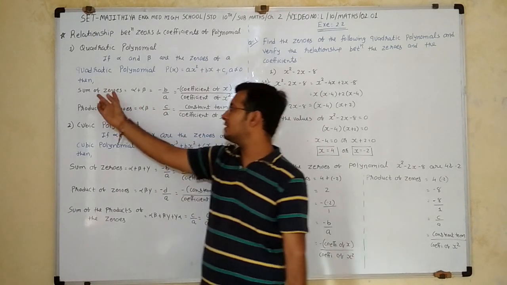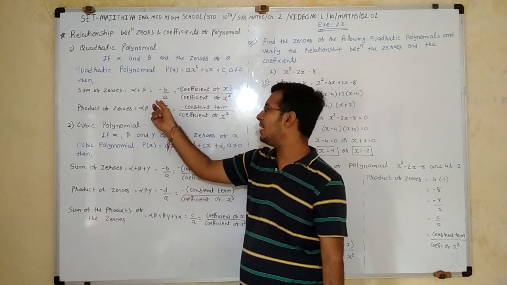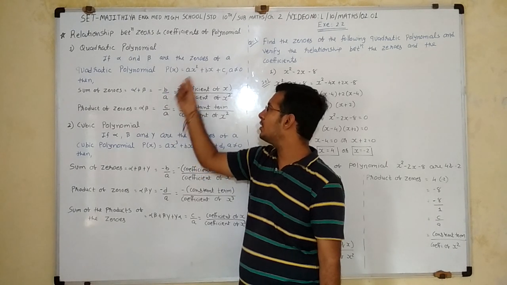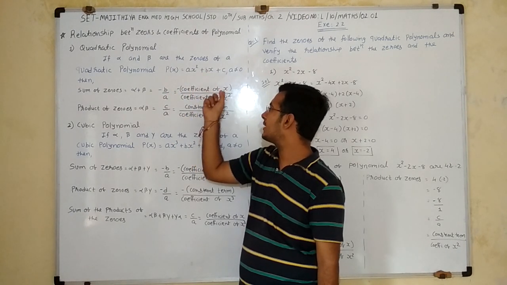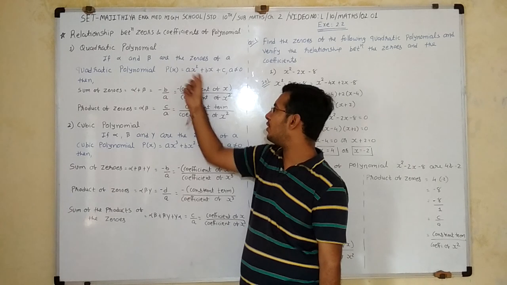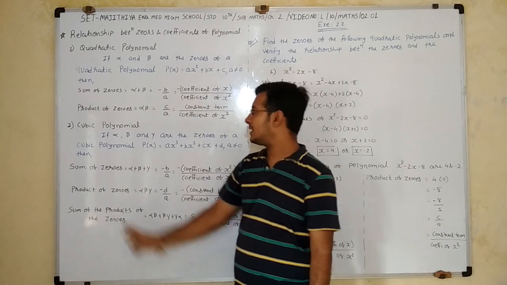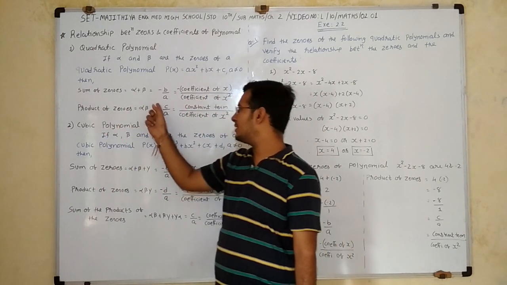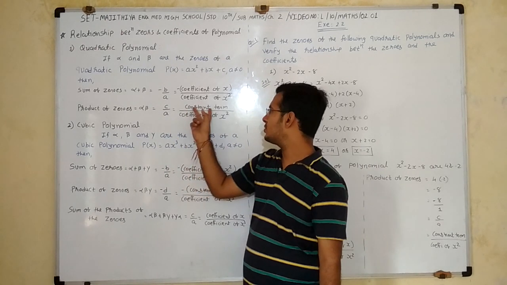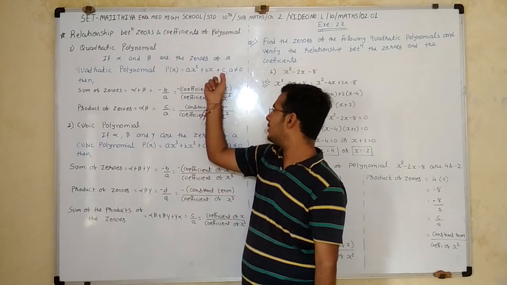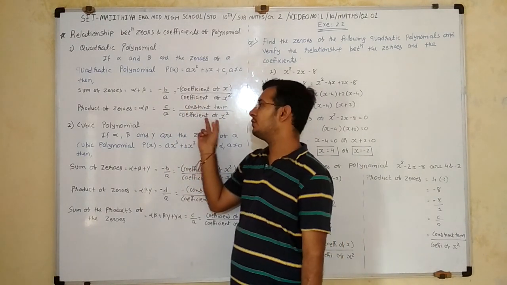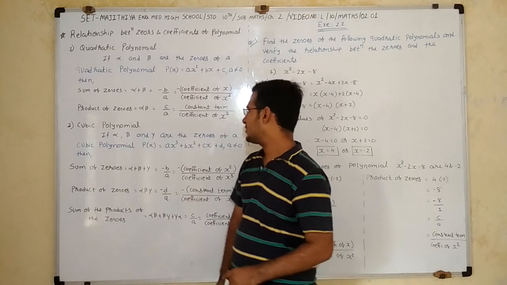So the first formula is sum of zeros is equal to minus b by a. B means the coefficient of x, and a means the coefficient of x square. Second one is the product of zeros, that is c by a. C means the constant term upon a, the coefficient of x square.